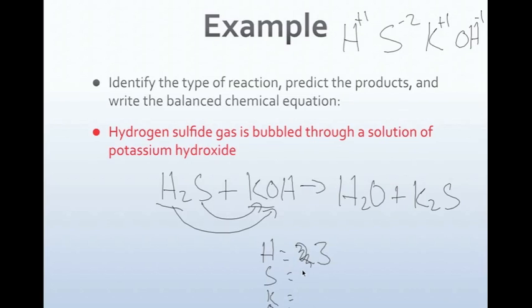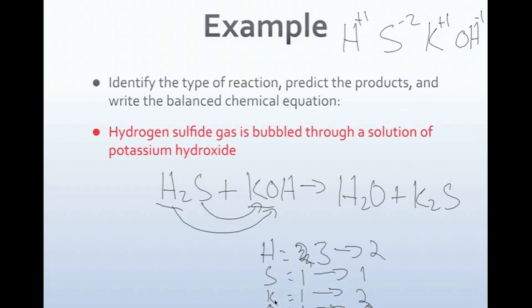And we have 1 sulfur, 1 potassium, and 1 oxygen. And remember again, guys, on balancing, I'm just looking at the subscripts to count up how many I have of each. Now in the products, we see that we have 2 hydrogens. We only have 1 oxygen. Here we have 2 potassiums and 1 sulfur. So I see that what's not balanced are the hydrogen and the potassium.